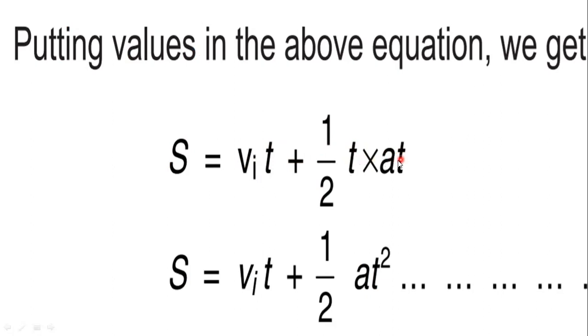So S is equal to Vi T plus 1 by 2 A, and T into T is T squared. So this becomes half A T squared.